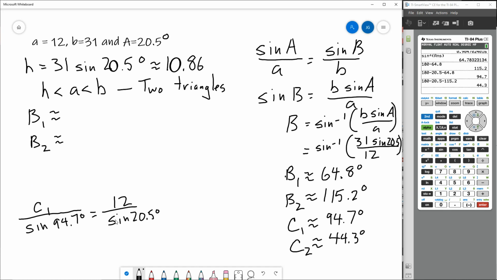If I pull this sine of 94.7 up to my 12, I can plug it into the calculator to figure out what my c1 is going to be. So that's going to be 12 times the sine of 94.7 divided by the sine of 20.5.